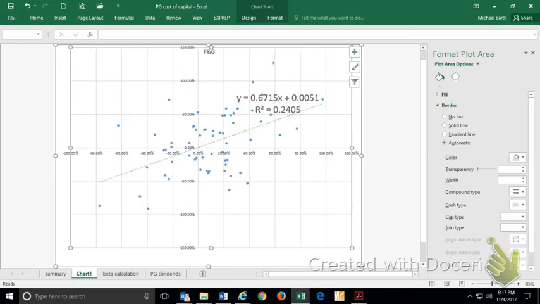You can see it's around 0.67, 0.66. So that's probably fairly close to what's out there. And by the way, that's also what I saw from Yahoo Finance. They had 0.67. So that's all a beta is: you just regress the rate of return on Procter & Gamble against the rate of return for the stock market.